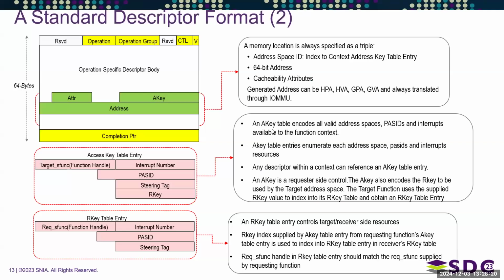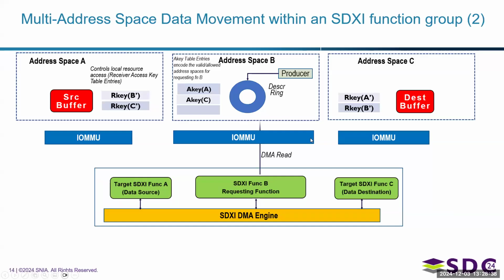With this structure, you know what your target function is that you're going to use to access that address space, and the PASID that you're going to use. You'll also know what RKey index will be used to match this requesting function. So when you do that, you've got your A key entry, and with that you've got your RKey index. You use the RKey index to go into the target address space, where you will get your specific RKey table entry.